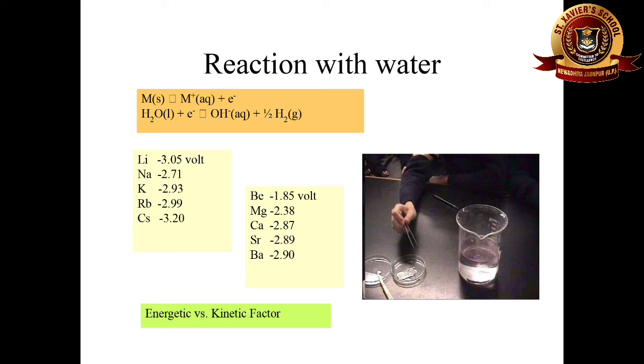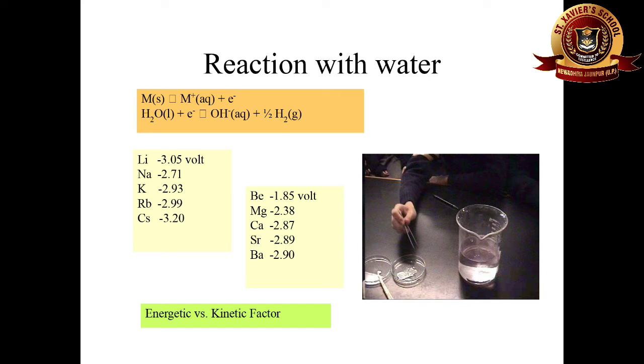Now, reaction with water. As we know, metal reacts with water and eliminates hydrogen gas by producing metal hydroxide, and reactivity depends upon the reduction electrode potential. Then what is the reduction electrode potential?